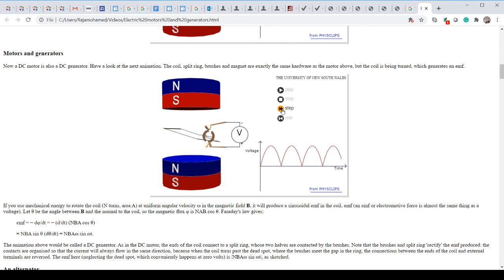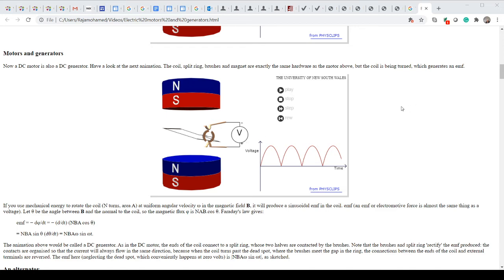So for the DC motor and DC generator, structure-wise, the coil, split ring, brushes and magnets are exactly the same hardware. That is the conclusion. They said a DC motor can be used as a DC generator, just by changing the input side. Then we get the direct EMF on the output side. That is the explanation they gave.